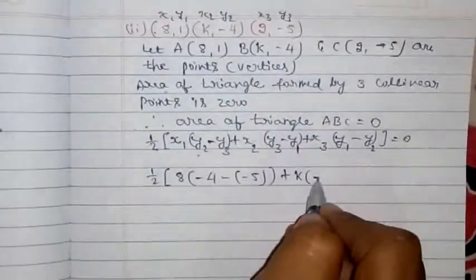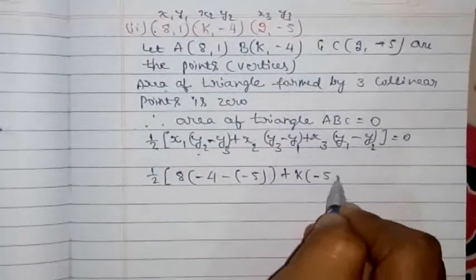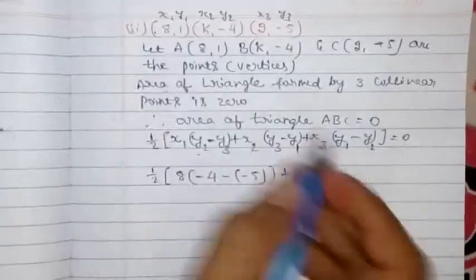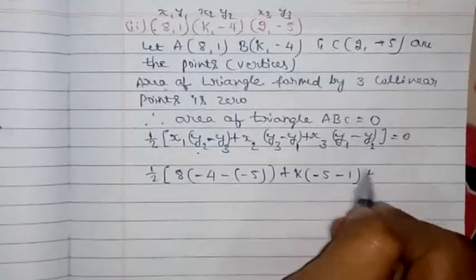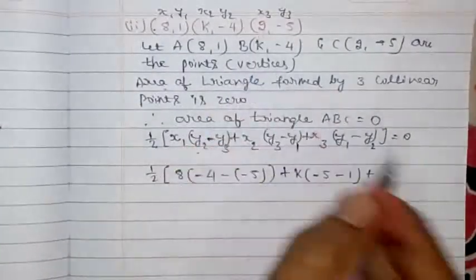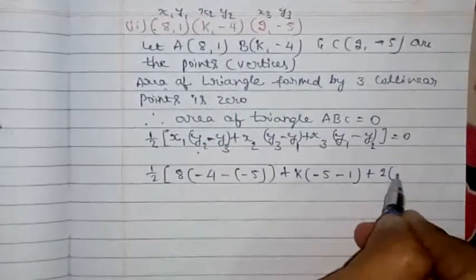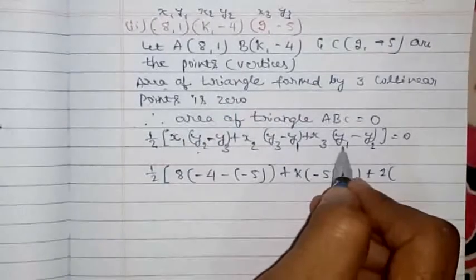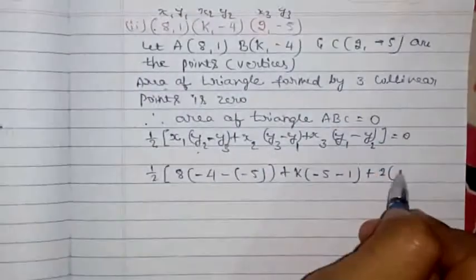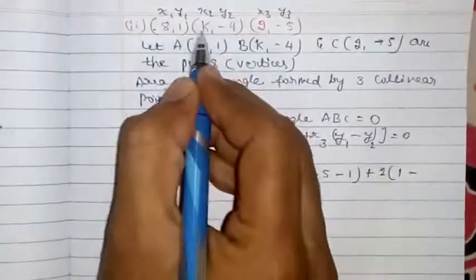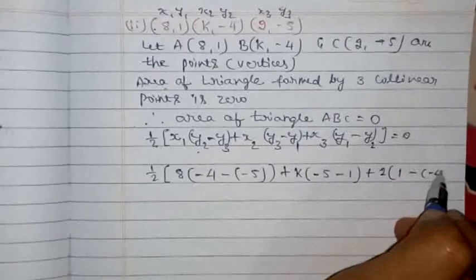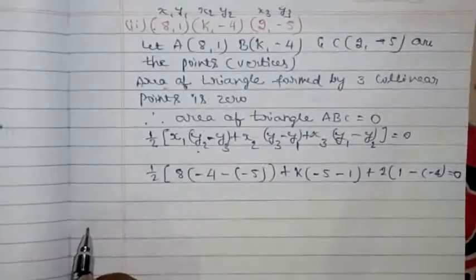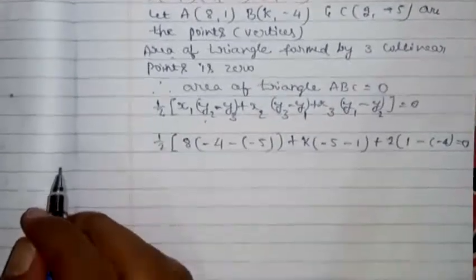Minus 5, so minus y1 is 1 plus, now x3 is 2, into y1. y1 is 1 minus y2 is minus 4. So minus of minus 4 is equals to how much? 0. Okay, now simplify this.